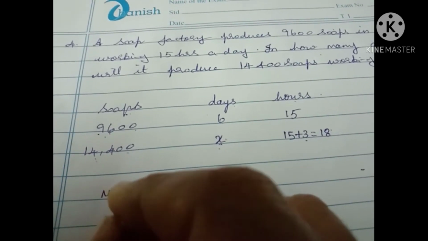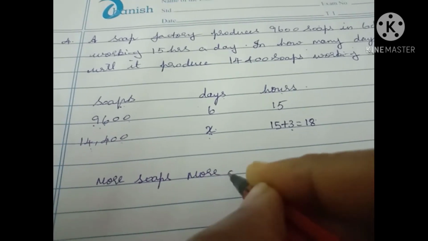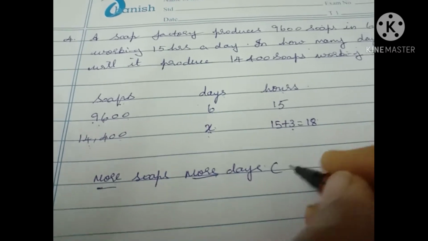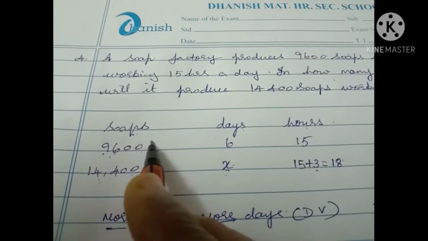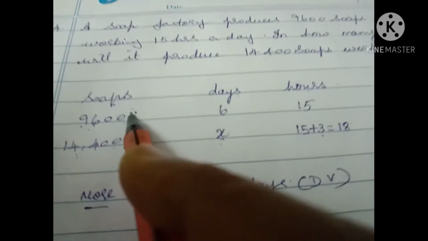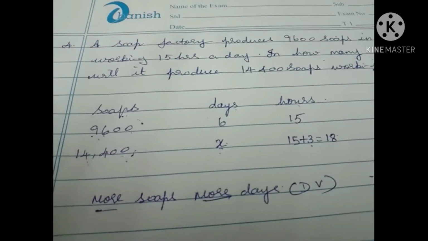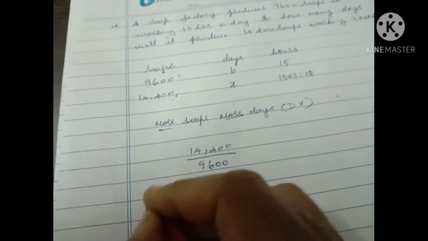Therefore, more soaps, more days we need. Therefore, here also more, here also more. Direct variation. Direct variation means you have to take the reciprocal, the multiple factor, take the reciprocal: 14,400 by 9,600.